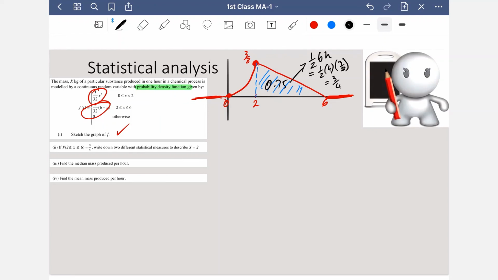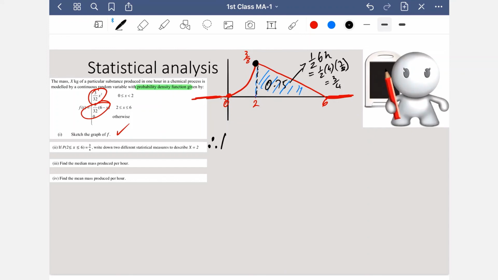Okay, but what it's telling us is that the area from 2 to 6 is 0.75. Write down 2 statistical measures to describe x equals 2. Now look at x equals 2 over here. We've got our peak.